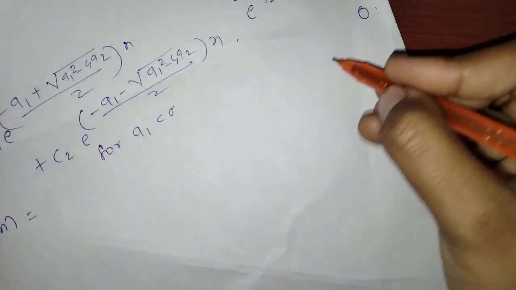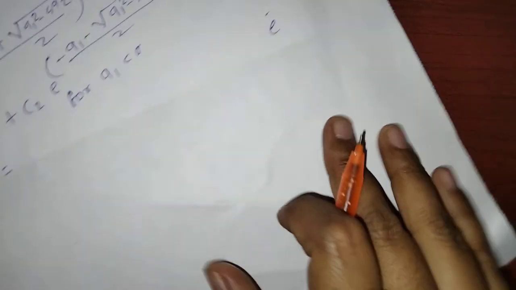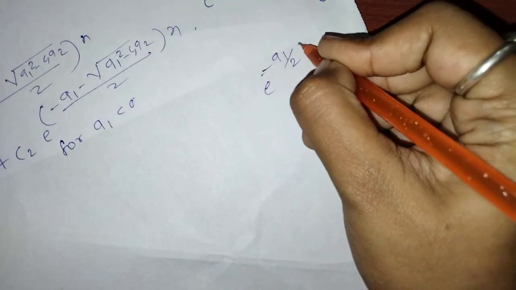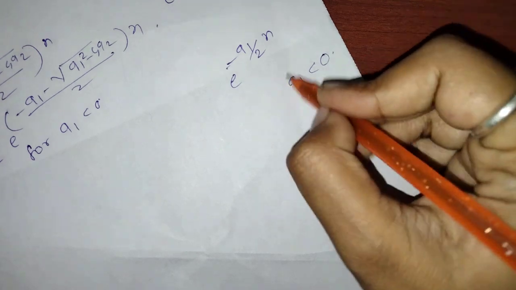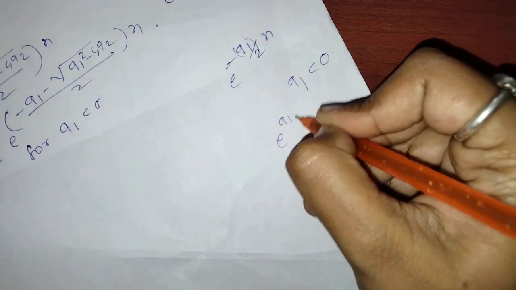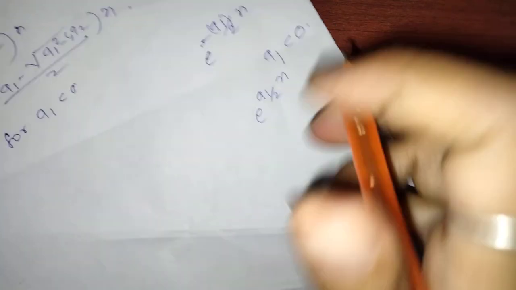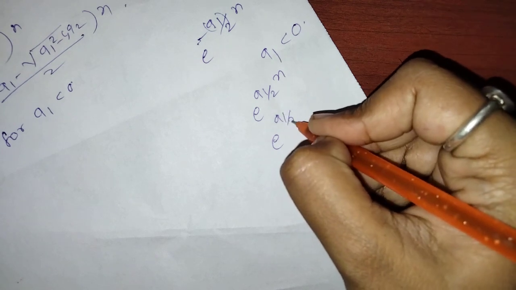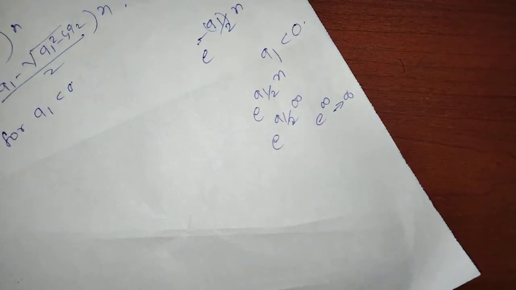Now e raised to minus a1 upon 2 x, this term: if a1 less than 0, meaning a1 is negative, then minus minus plus means e raised to a1 upon 2 x. Now take x equal to infinity, meaning e raised to a1 upon 2 infinity, which is e raised to infinity, which is infinity.